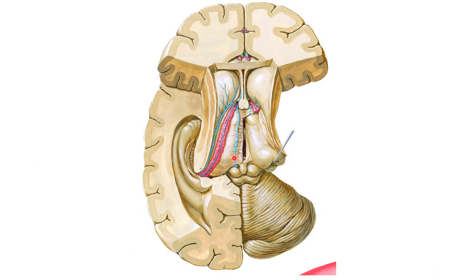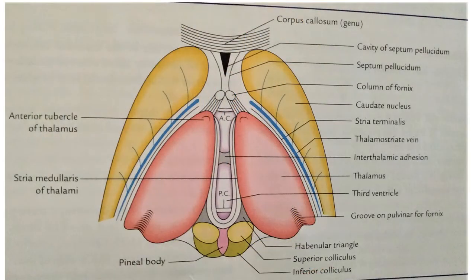Coming to the medial area of the superior surface, we can identify the tela choroidea of the third ventricle. At the posterior part, the medial area is connected with the apex of the habenular triangle. That is about the superior surface.